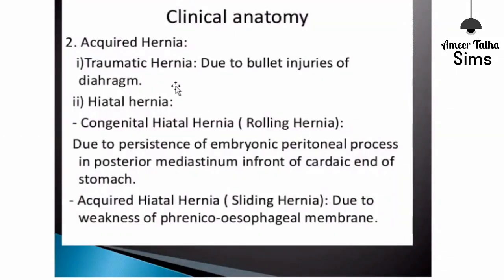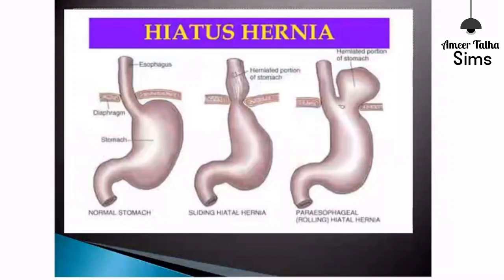And the diaphragmatic hernia can be acquired or congenital. Acquired hernia may be due to a traumatic hernia or hiatal hernia. These are hiatus hernias. As you can see, this is the stomach. This line is the diaphragm, and above it, the esophagus is present.